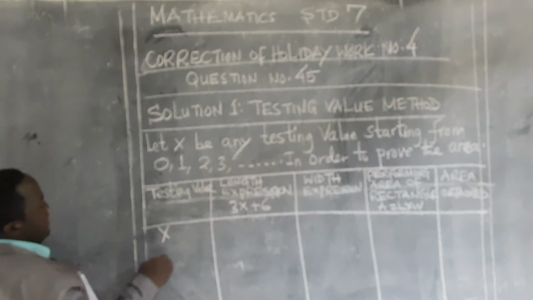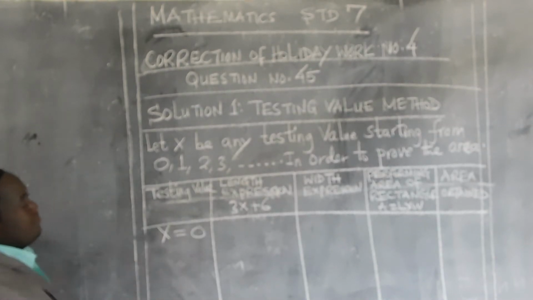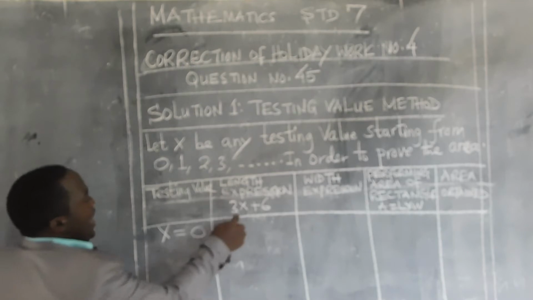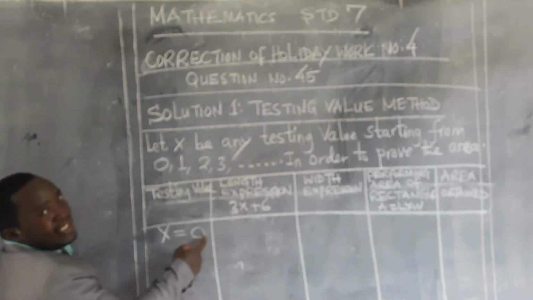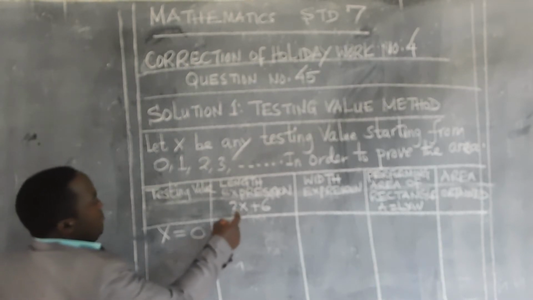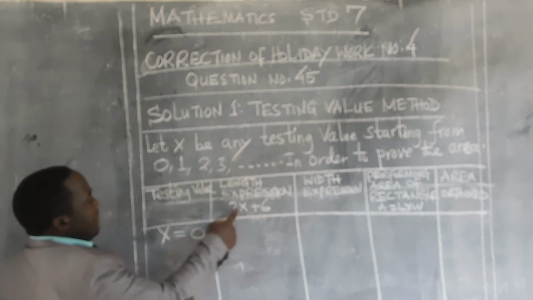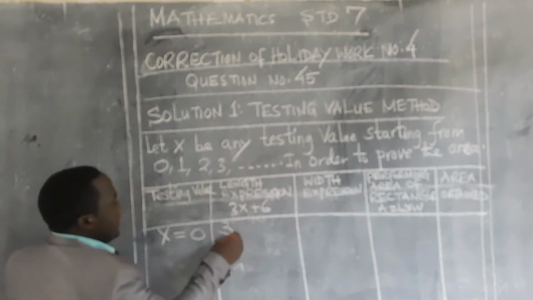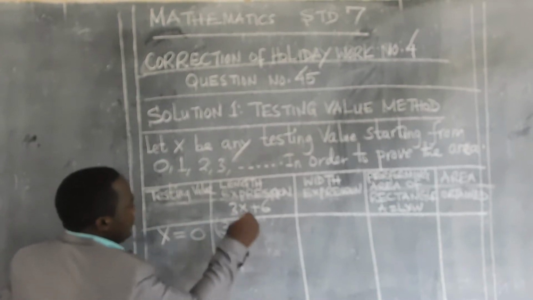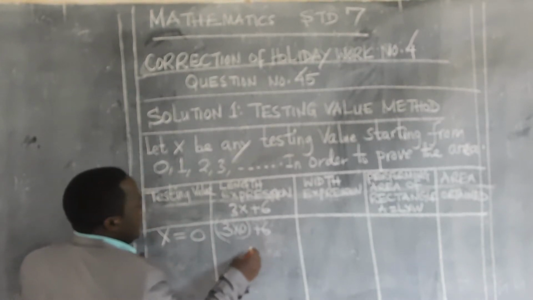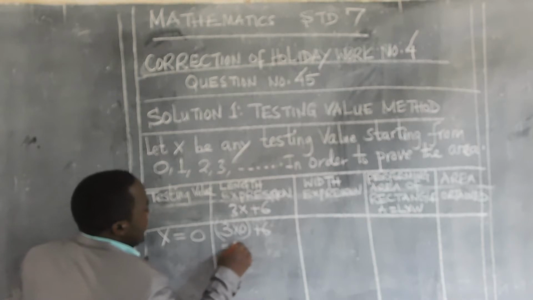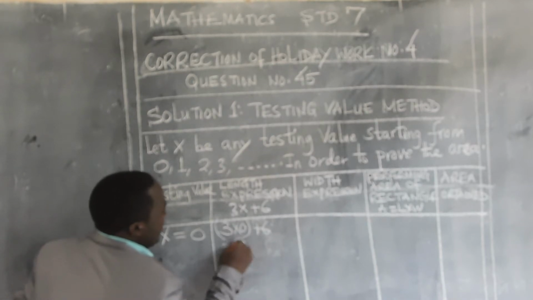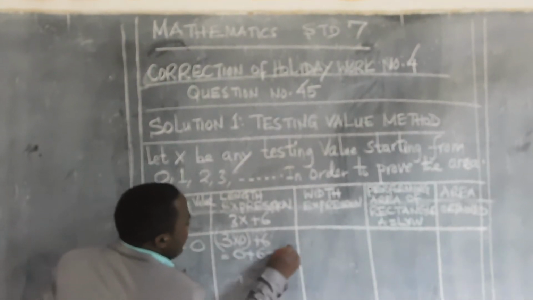Let us say x is 0. Wherever there is x, we insert 0. Remember, x is multiplied by its coefficient 3, so we take 3 times 0, which is 0, plus 6, you get 6.